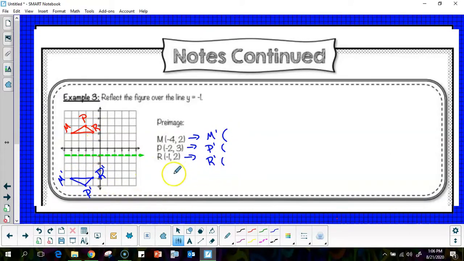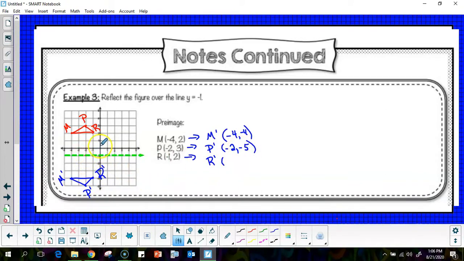And then what we need to do is just figure out what those ordered pairs are. The M prime is still -4. Those coordinates stay the same. The x coordinates stay the same. But then we go down to -4. -4, -4 is M prime. P prime, still -2. The x values don't change. So still -2, but then we're all the way down here at -5.